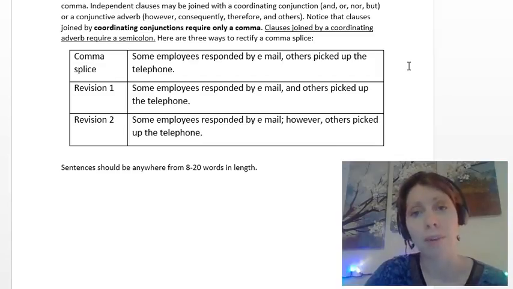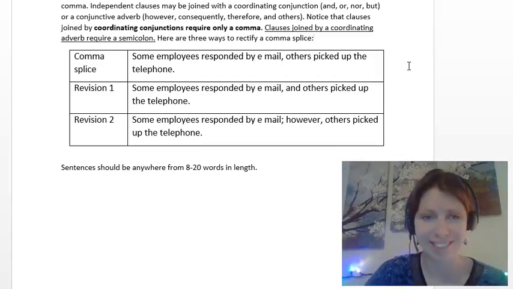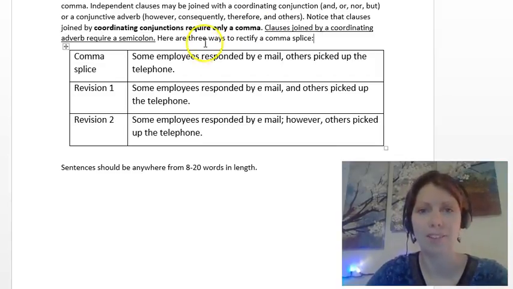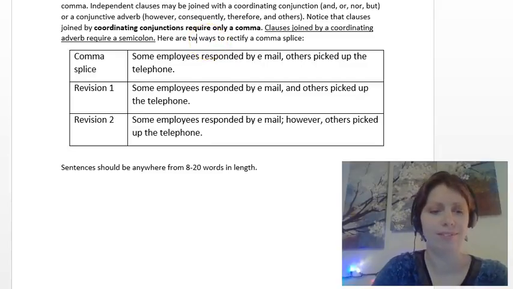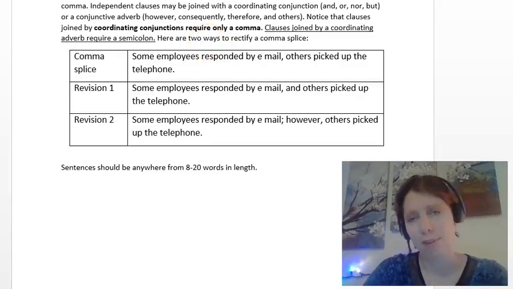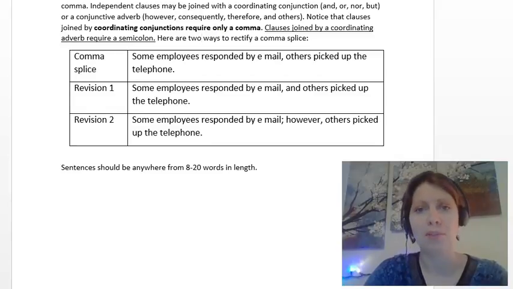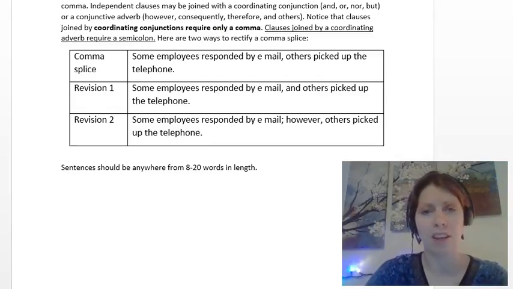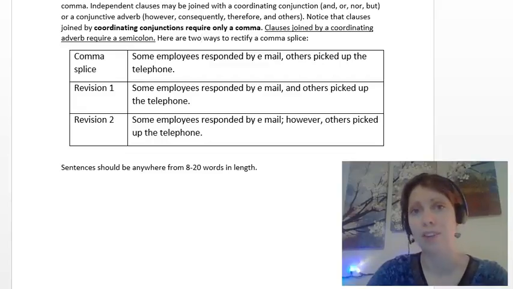Here are 3 ways to rectify your comma splices. Oh, I only have 2. Ta-da! A comma splice. Here's an example. Some employees responded by email, others picked up the telephone. Now, you could make this work potentially if you added while others picked up the telephone, but the way it is right now, it's 2 independent clauses. This is a comma splice.